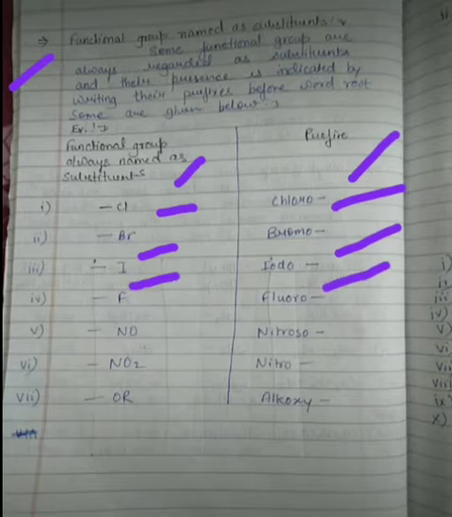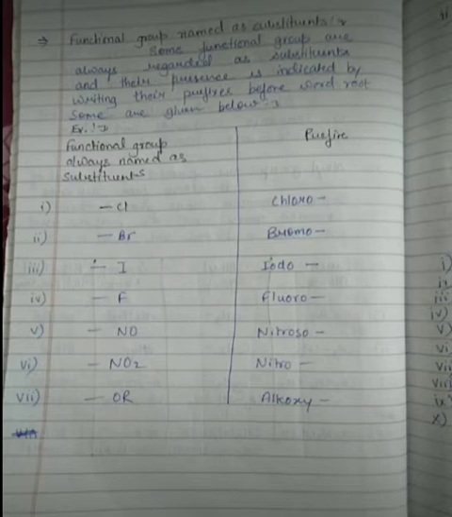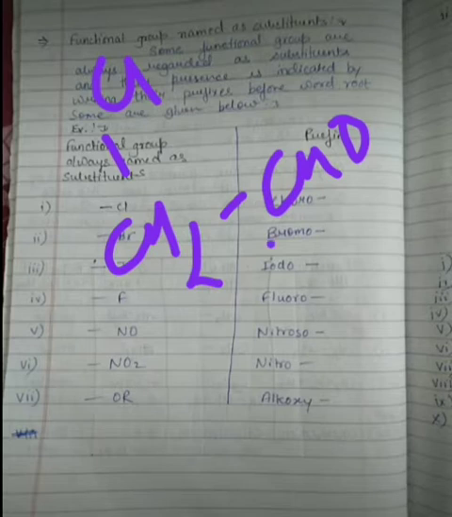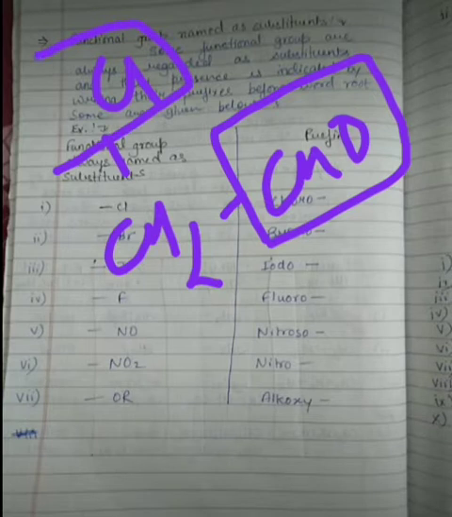So what I am saying, suppose there is a compound that is CH2, CHO, and here it is Cl. So there are 2 functional groups. This one will be the principal functional group and this will be the secondary functional group. Being a secondary functional group, this chlorine will be assumed as prefix.